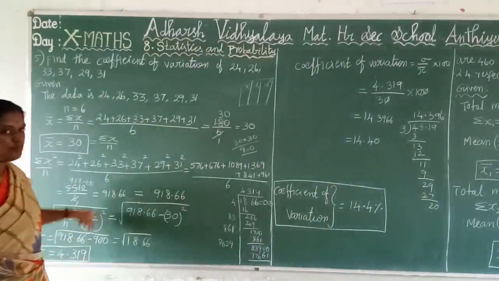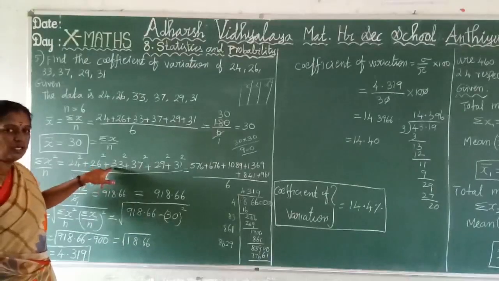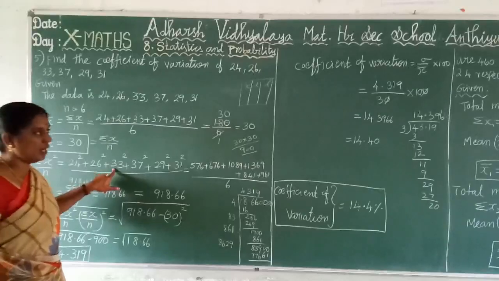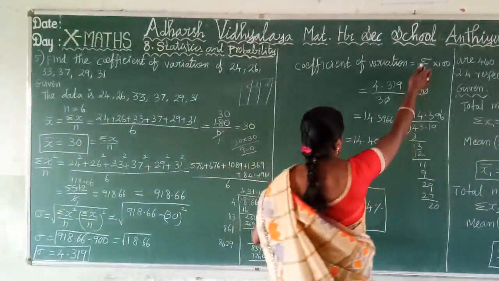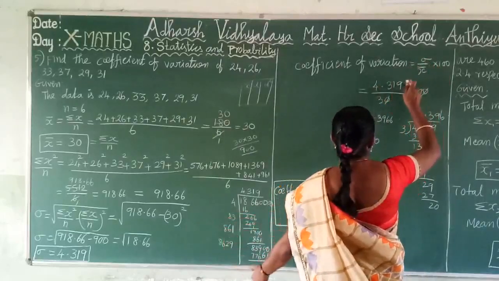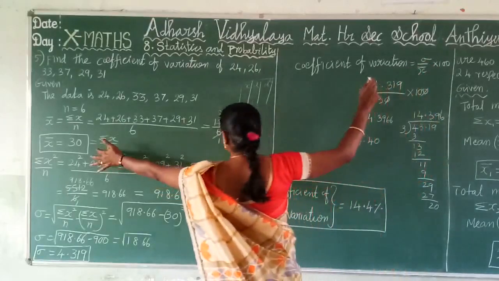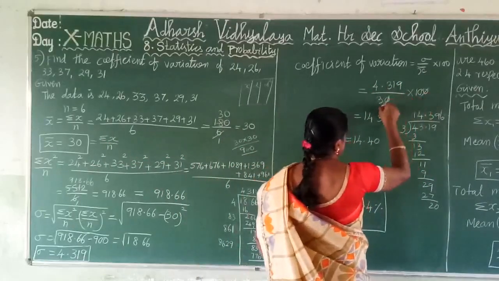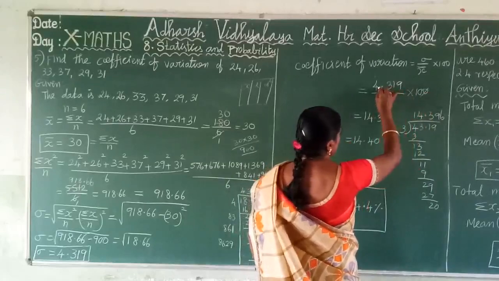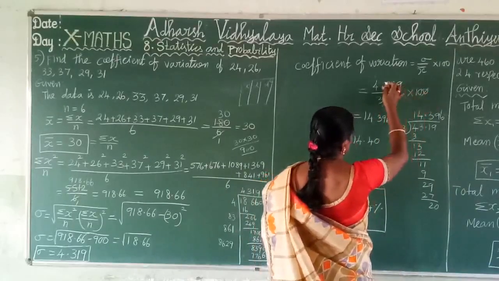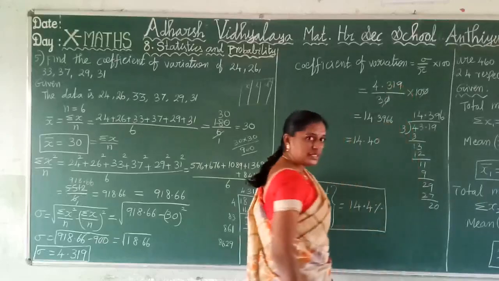So we apply the coefficient of variation formula: sigma by x bar into 100. Sigma value 4.319 by x bar, here 30, by 30 into 100. Here the 10 cancels, and 4.319 into 10 means move 1 decimal.